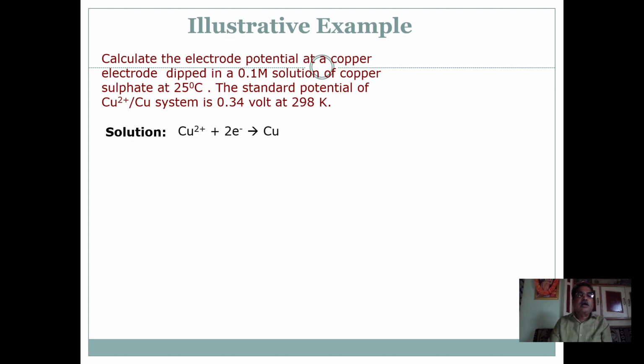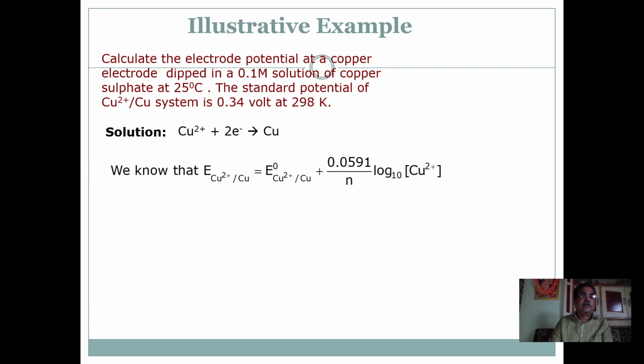In this cell, Cu²⁺ plus 2 electrons produce Cu, that is, the copper electrode undergoes a reduction reaction.